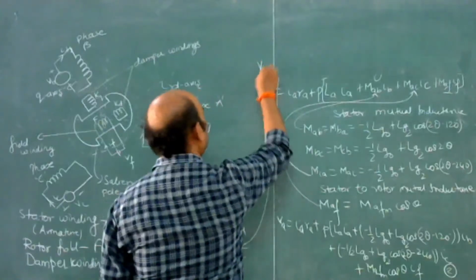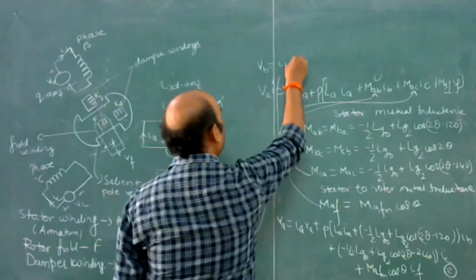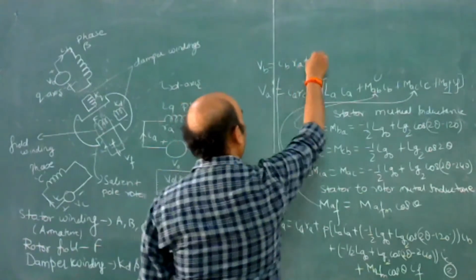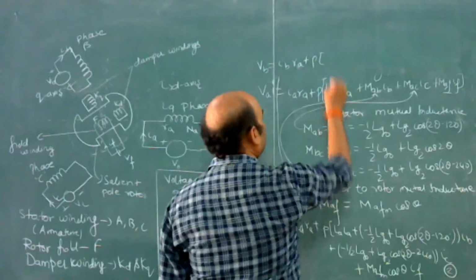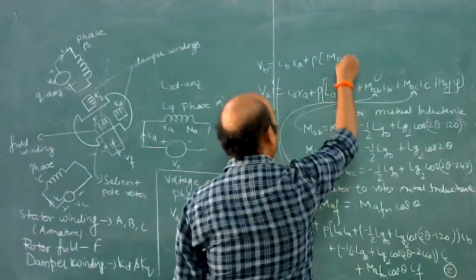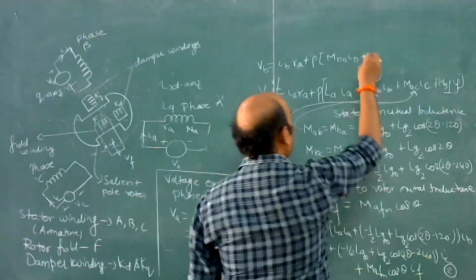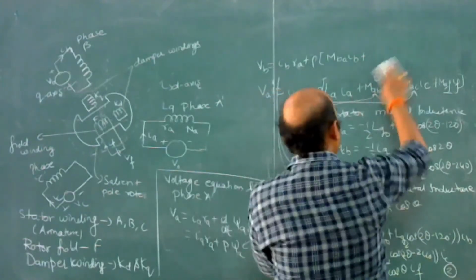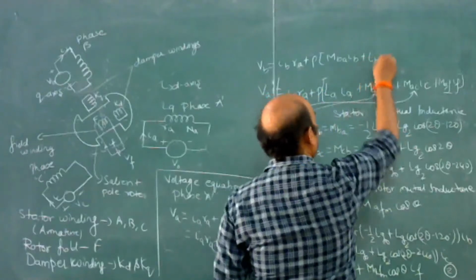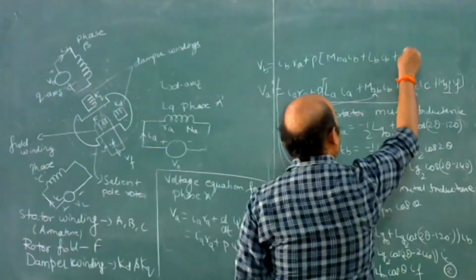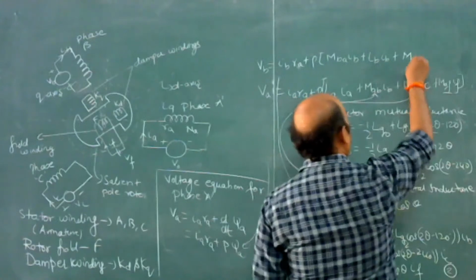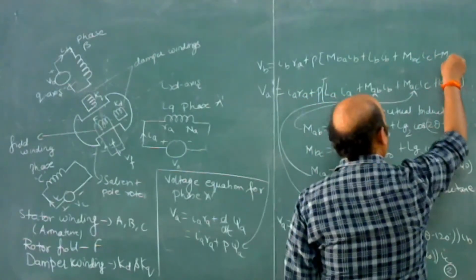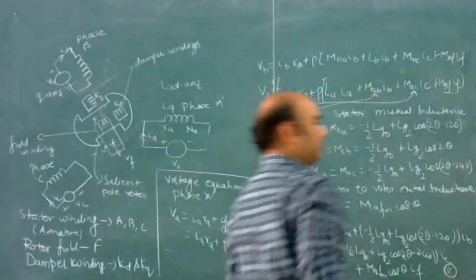For phase B, VB will be equal to IB into RB plus P times MBA IA plus LB IB plus MBC IC plus MBF into IF.